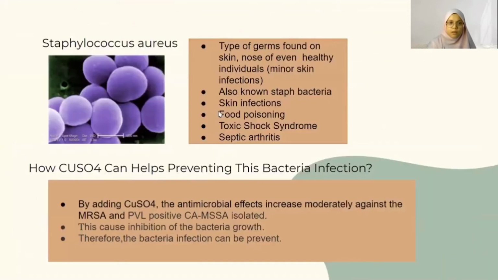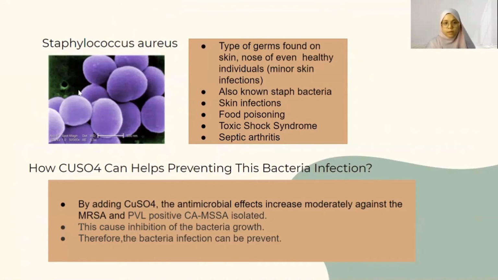infection. So next we're going to see a bacterial infection which is called Staphylococcus aureus. It's a type of germ found on the skin, nerves, even of healthy individuals. This type of bacteria does not give a big harm or impact to individuals because it is only a minor skin infection.